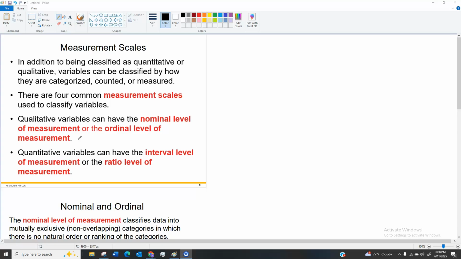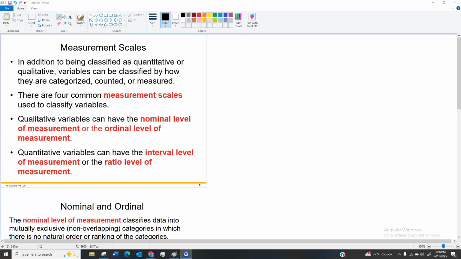Now, another way that we can classify a variable is by what we call a measurement scale. There are 4 levels of measurement that we can use. We can use a nominal level of measurement, ordinal, interval, and ratio.